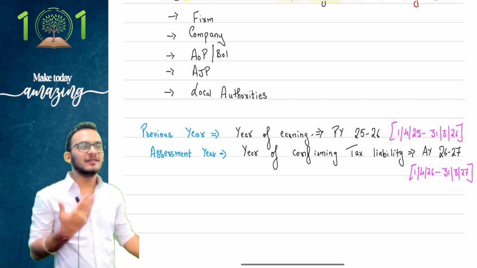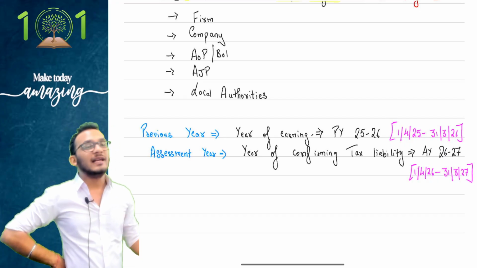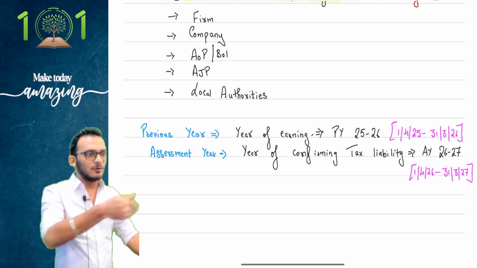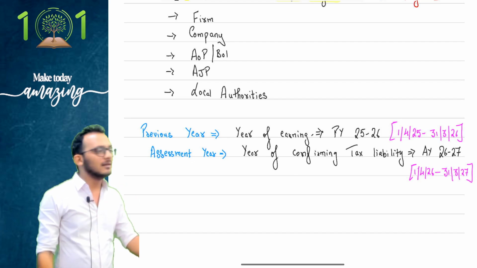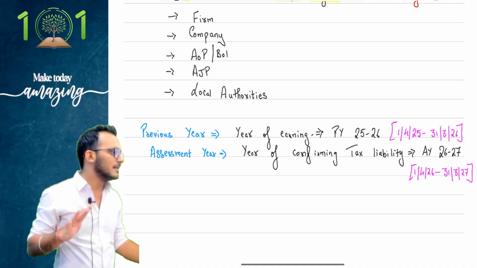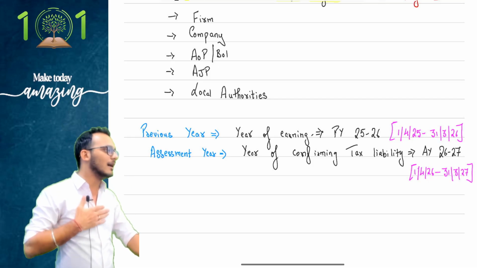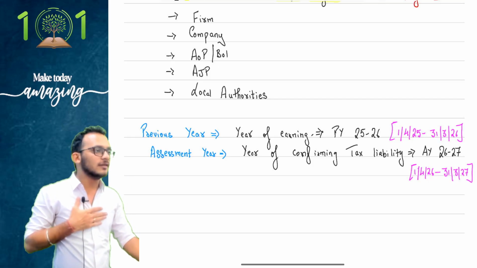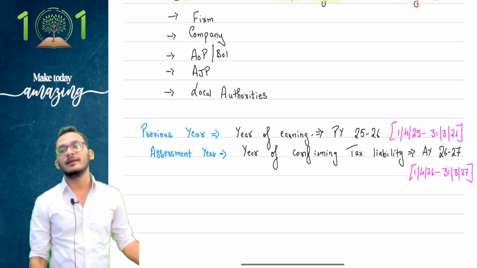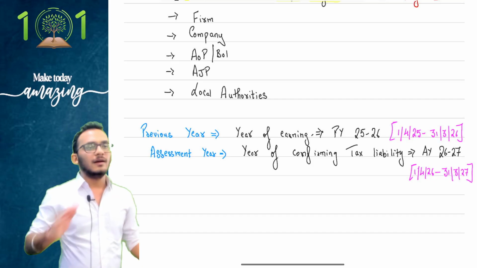No. Rahul is not earning lottery for the first time. Even if he is earning lottery for the first time, do you think Rahul was sitting jobless from April to May? Which means Rahul was earning nevertheless. Lottery is not my first source of income. There are other sources of income on which Rahul has to pay tax. Which means the date is always going to be 1st April. Agreed?